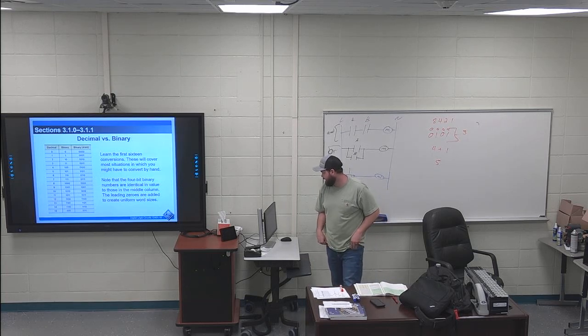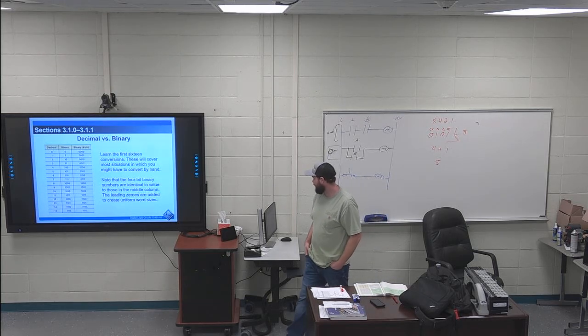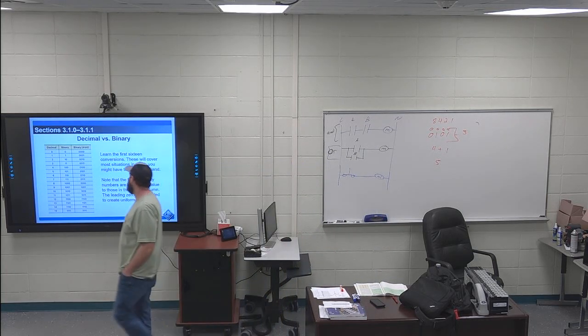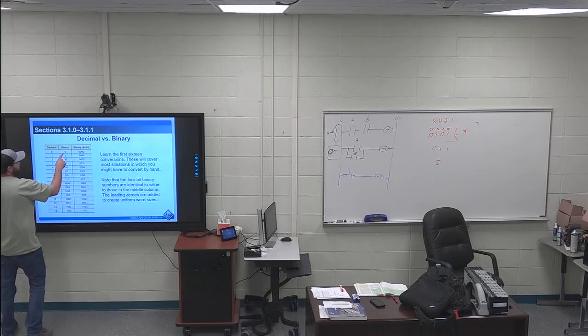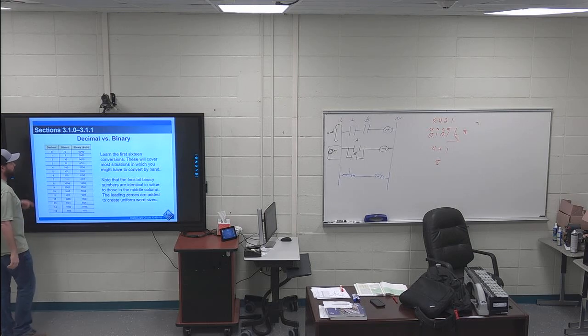So if I have binary versus decimal, same thing. I've got 0 is 0, 4-bit binary, which is what I was talking about over there. 0, 0, 0, 0 still going to represent 0. 1 is the same as 1. 4-bit binary would be 0, 0, 0, 1. All the way up to 15.